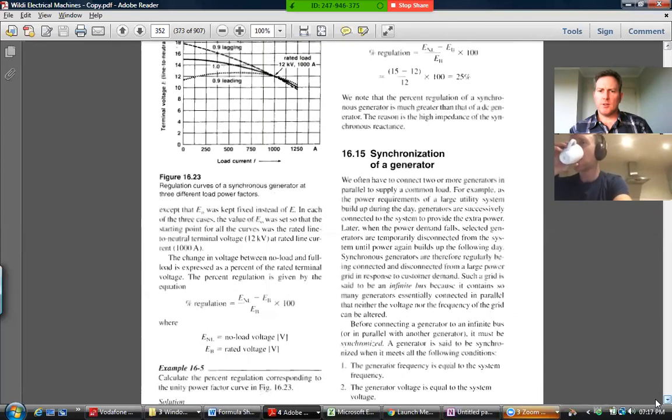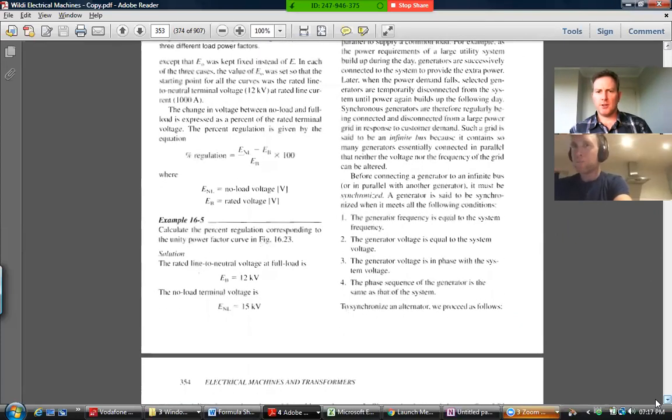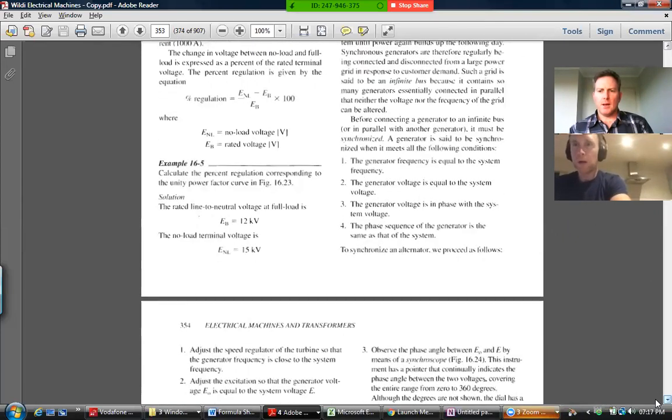Discuss regulation curves. Yeah, we're going to talk synchronization of a generator. So we'll go over this in some detail in the block course, but basically before you actually engage circuit breakers linking the generator onto the grid, you've got to get everything just right. So it's got to be rotating at just the right speed.